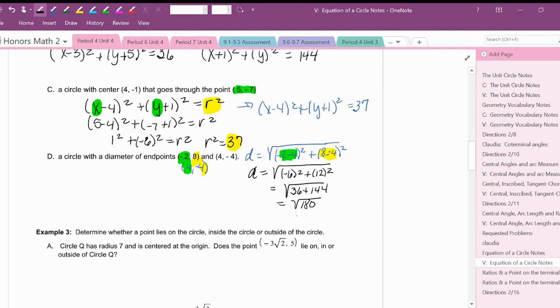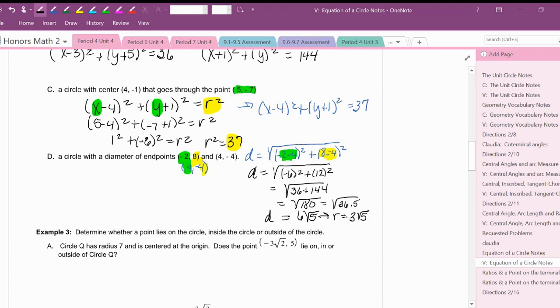We simplify that a little bit. Think of this as 36 times 5. So we'd have 6 square root 5. That's the length of our diameter. So that means our radius would be half of that, or 3 square root 5.